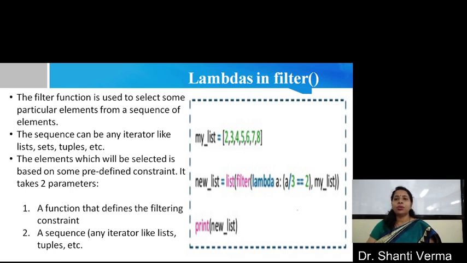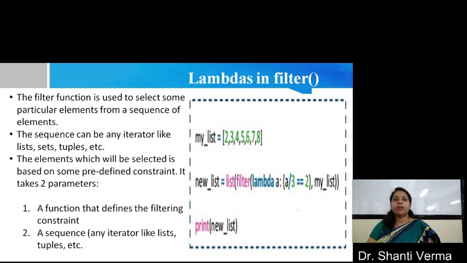Now, how to use filter with lambdas? Basically, the filter function is used to select particular elements from a sequence of elements. As the name suggests, it is filtering the elements. The sequence can be any iterable data structure of Python, like lists, sets or tuples. The elements selected are based on some predefined constraint.